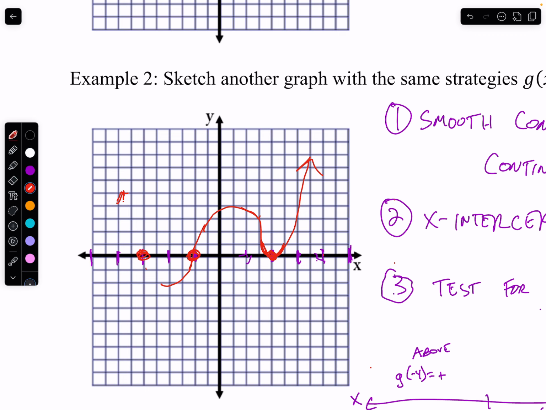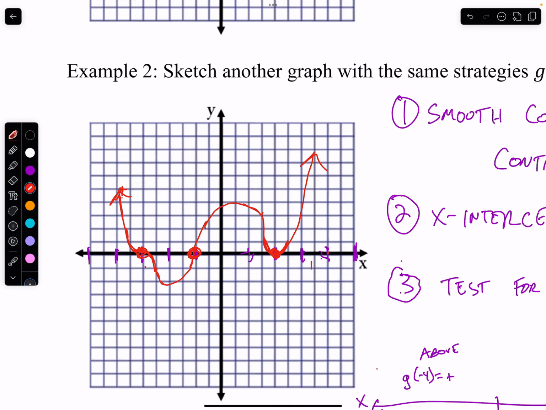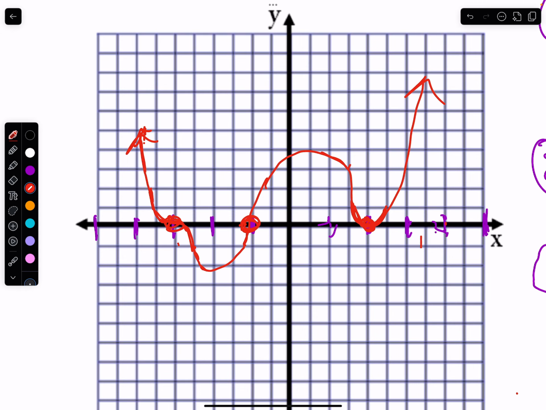At that 0, it's going to be like a little cubic. You know how x to the third looks like this? It's going to cross, but it's going to make a little shift like that, just like a cubic. And then we go down and we come back up. So it crosses, but it does a different kind of cross here.